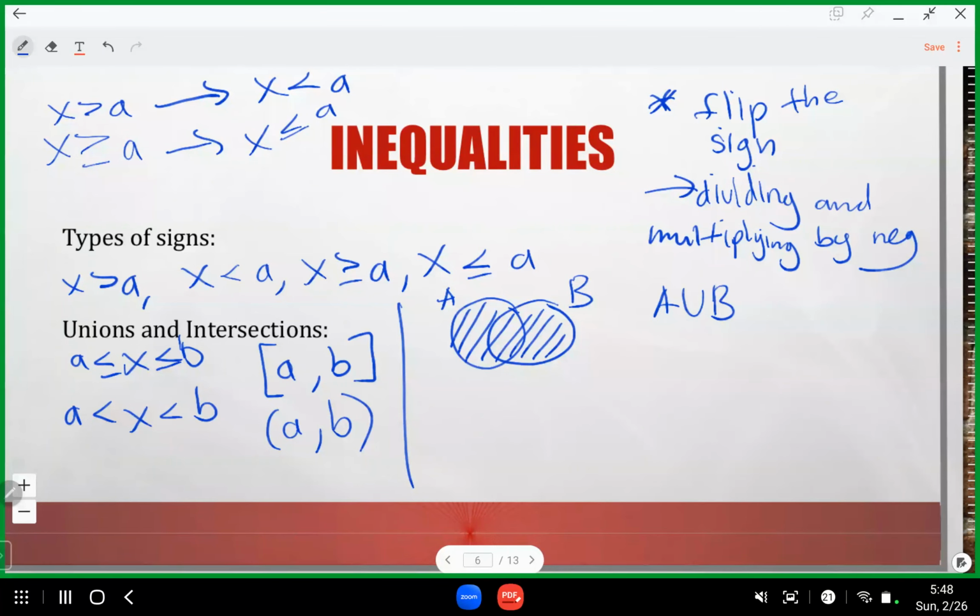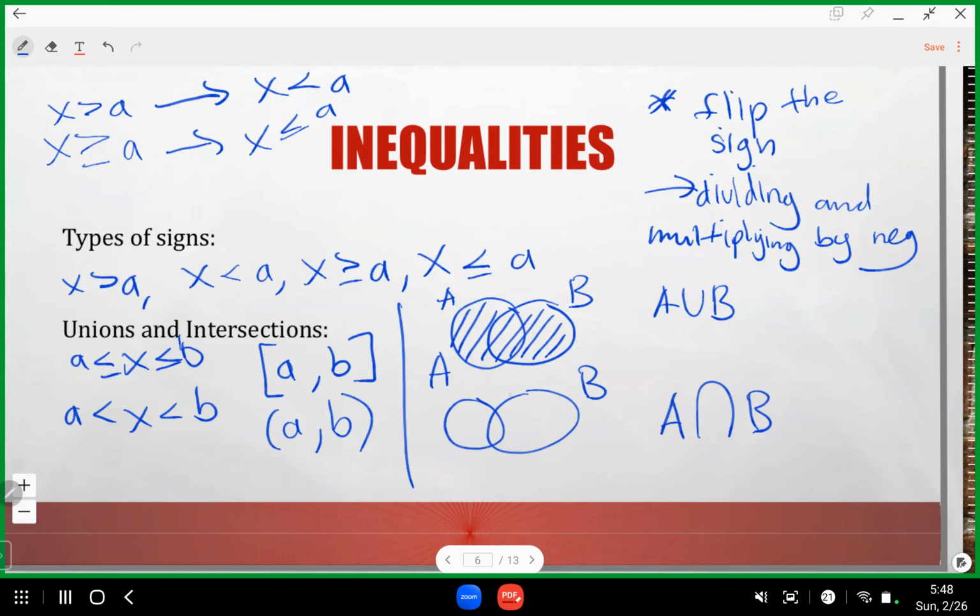Okay, so what about A intersection B? It's going to be quite the opposite. When you have A with your left hand set, B with your right hand side, A intersection B would be, notice it's an upside down U this time, right? What you're doing, instead of taking everything, you're actually taking the intersection, which means what is similar?